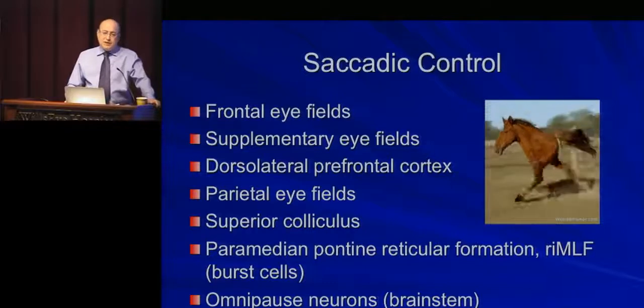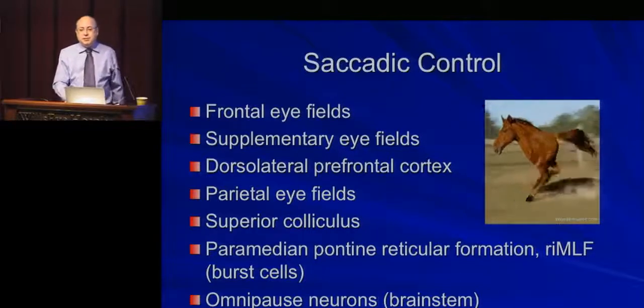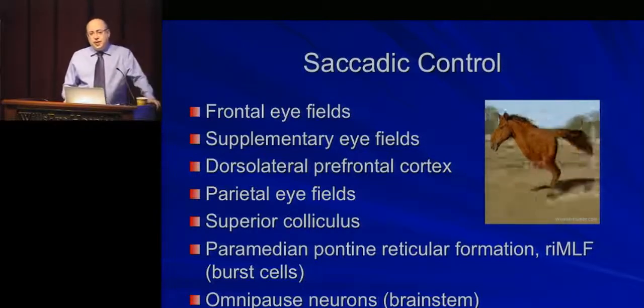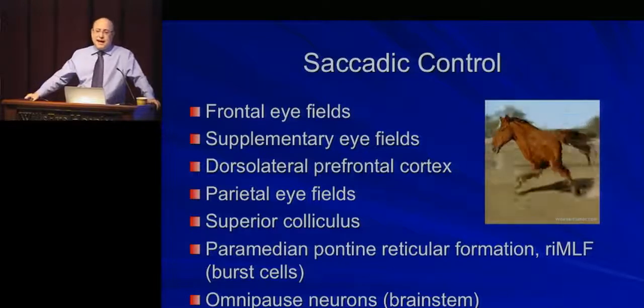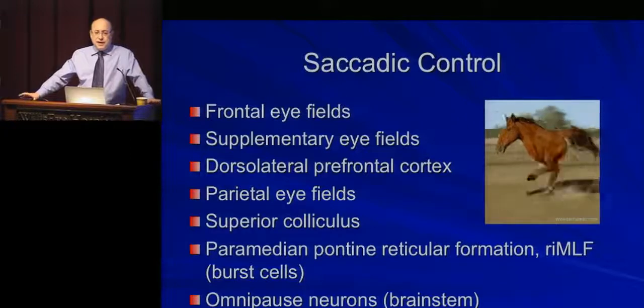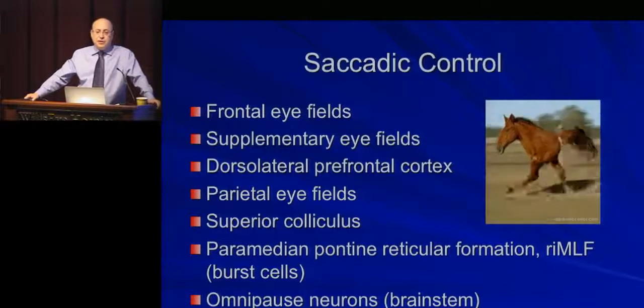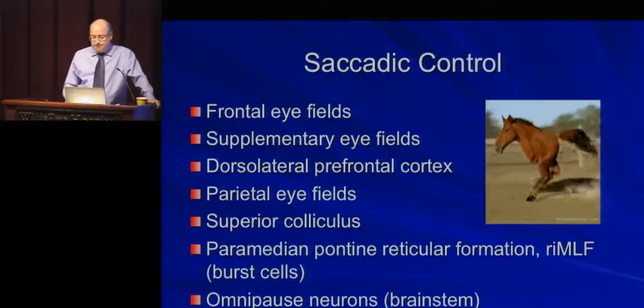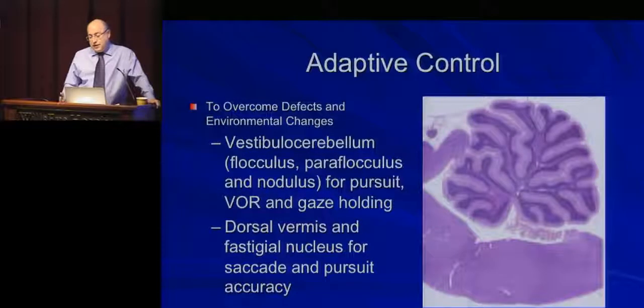We have these neurons in the brainstem called omnipause neurons, and these are the neurons that suppress unwanted saccades. And when these go wrong, we have saccades going wild, like in opsoclonus. Okay? So those are the eye movement systems.